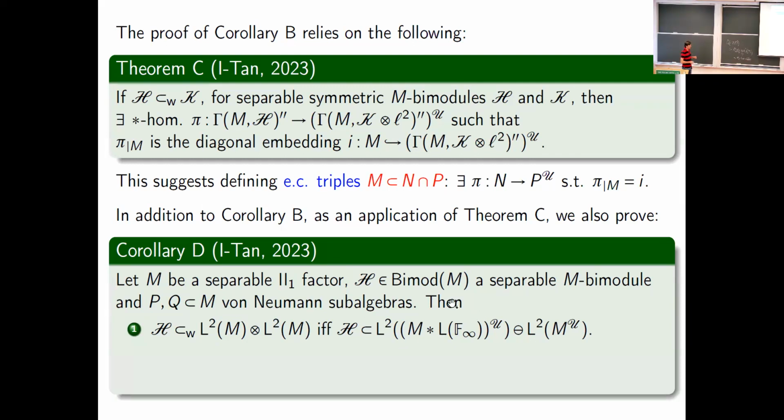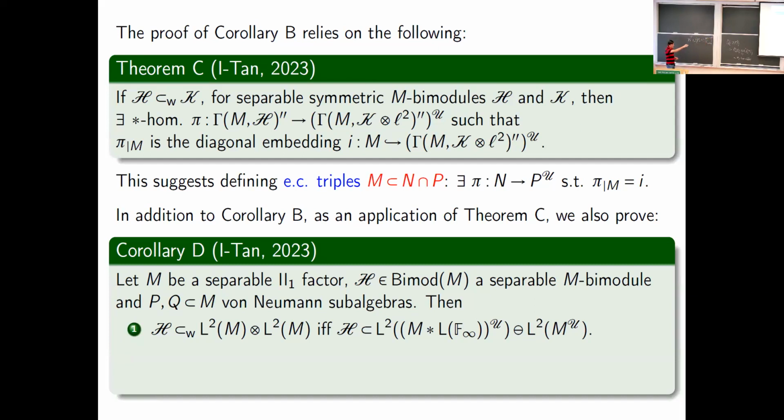This is quite a mouthful, but you look at M inside M, its free product with L of F infinity, and then you can take ultrapowers of this, so you still have an embedding.